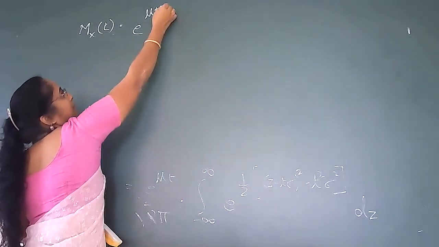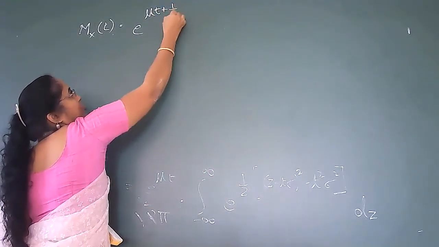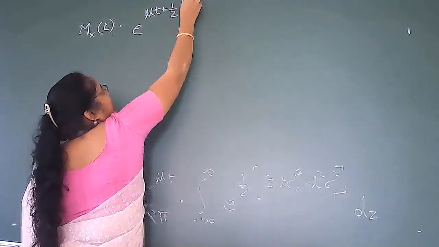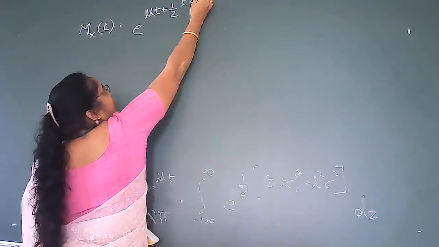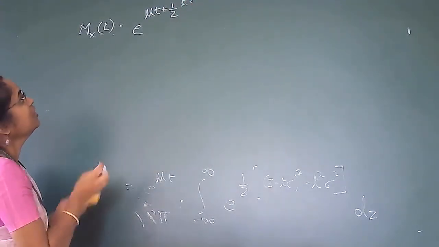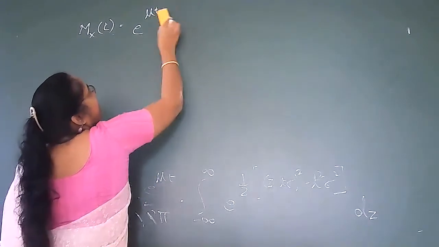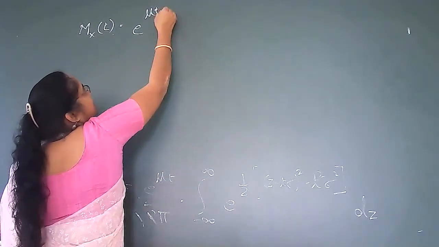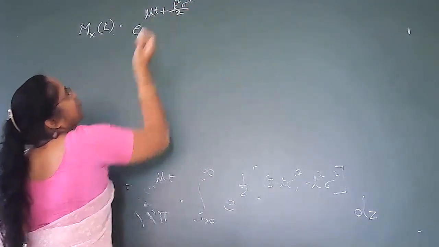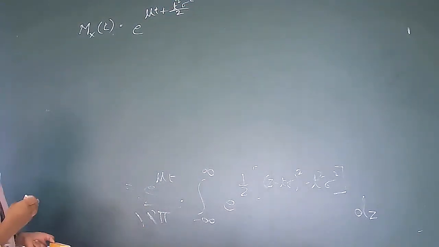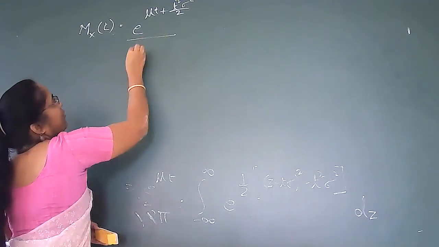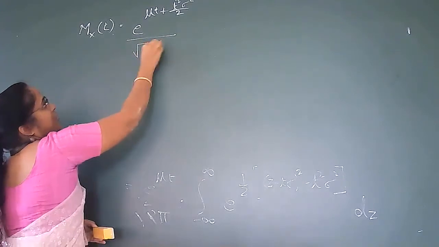So I'm going to get a plus 1 upon 2 t square sigma square, or I can write t square sigma square divided by 2. I can write it as mu t plus t square sigma square divided by 2. So e raised to mu t plus t square sigma square divided by 2 is constant.